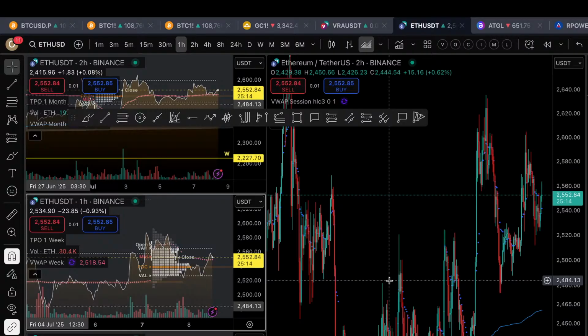We do have a bad low here, so yeah. The 1-to-1 is also coming at the VWAP.